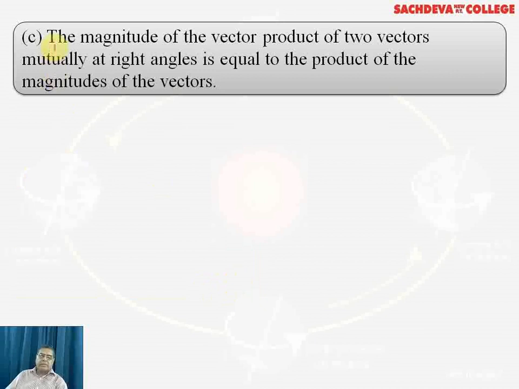Now, the next concept, the magnitude of the vector. When we use the term magnitude, we consider a vector and take the modulus of that vector, and that is called the magnitude of the vector. So, the magnitude of the vector product of two vectors mutually at right angles is equal to the product of the magnitudes of the vectors. When we use this term magnitude of the vectors, we have to take the modulus of those vectors.